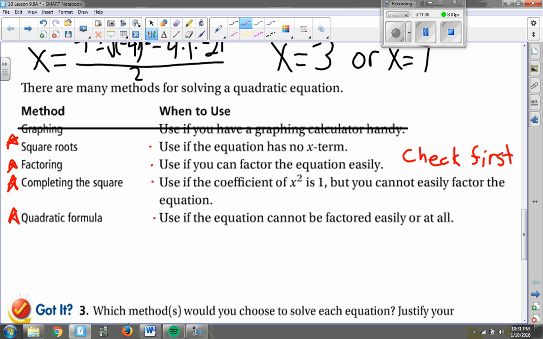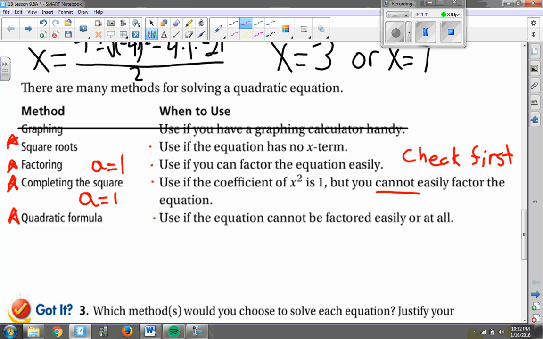Usually we want our a value to equal 1 if we're going to do factoring. We want a to equal 1, meaning it's just 1x squared. No numbers in front of our x squared. Same thing with completing the square. We would like our a to be equal to 1. So use it if the coefficient of x squared is 1, but we cannot factor.